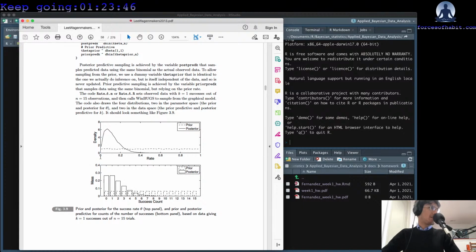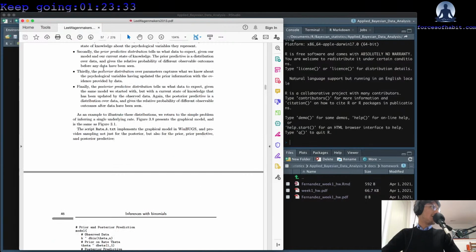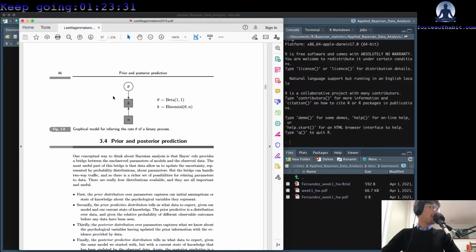What this is showing, basically, if we were looking at this simple example where we once again have a binomial model and we want to look at the successes, oh, they don't have the picture, oh there it is. We observe some total count of trials, and we have successes, and then we have some rate of success, right?